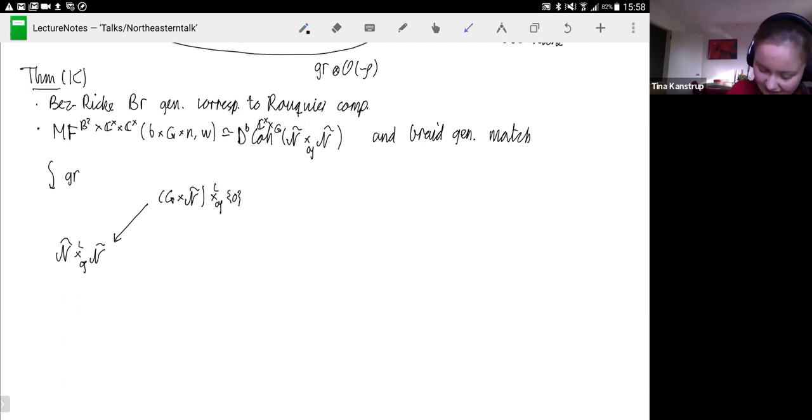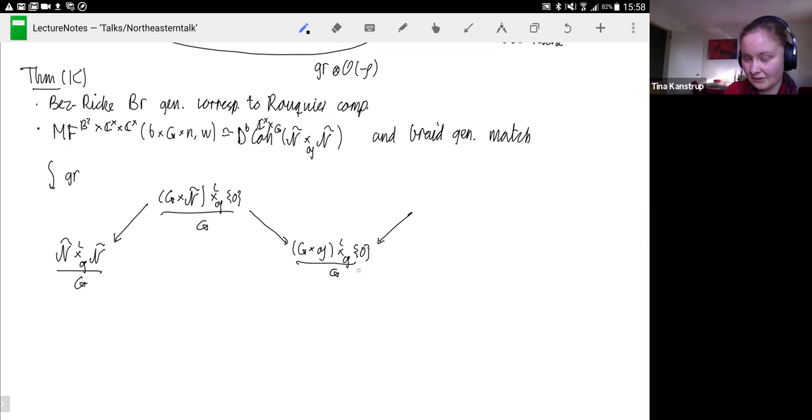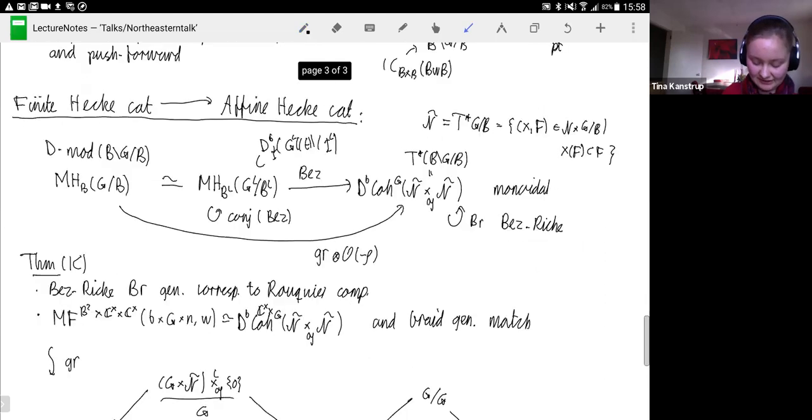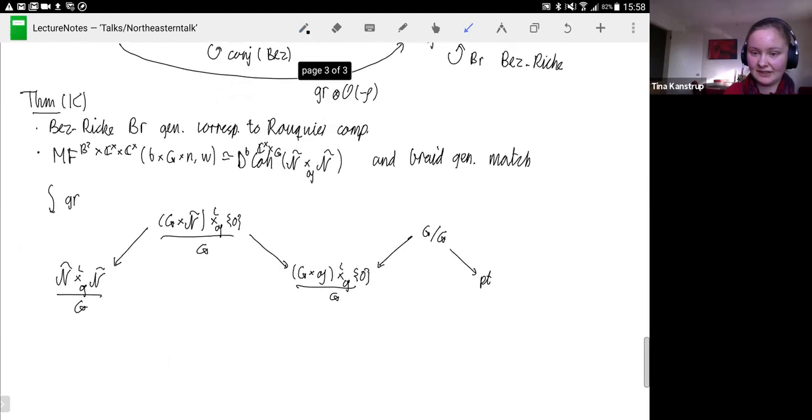So here, this Steinberg means that these two are matrices and they're supposed to commute. And I have the same condition here, and then I should write all of these as G quotients, and then I need to push forward to the point. So going like this becomes going like this.